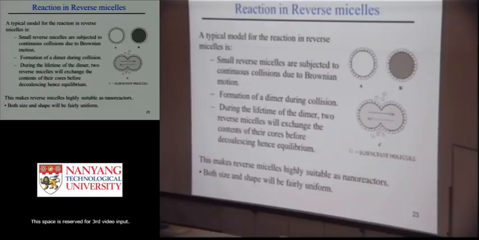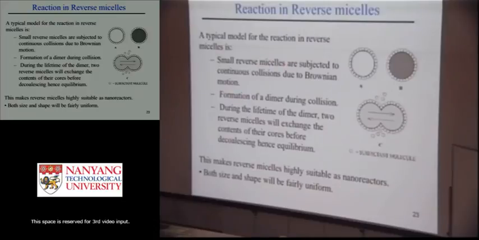If A meets A, then fine. Although they exchange content, there's no chemical reaction, and it is still the original microemulsion. So this is how the chemical reaction can happen in the microemulsion, and this chemical reaction only happens within the droplet. Normally we don't prepare just one microemulsion, we prepare more than one, allowing them to mix with each other. So this is a typical procedure.